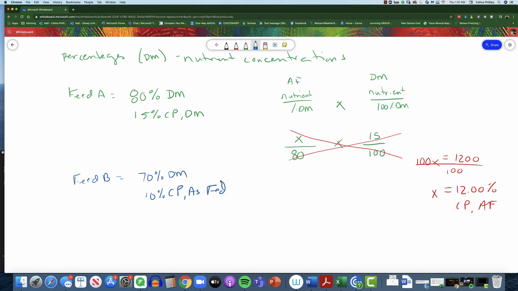So as it goes to the animal, that's how much protein is in it. But we really want to know how much actual protein is in this feed if it wasn't diluted. So we're going to use the same formula, and in this case, we know how much protein on an as-fed basis, so we can set that up.